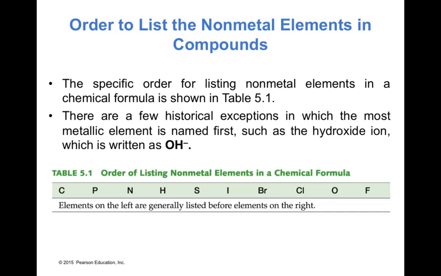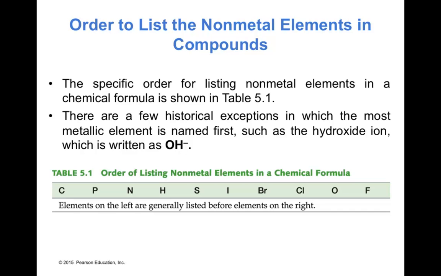And also there are a few historical exceptions in which the most metallic element is named first, such as hydroxide ions, which is written as OH minus. This is a polyatomic ion, and it's called hydroxide ion.